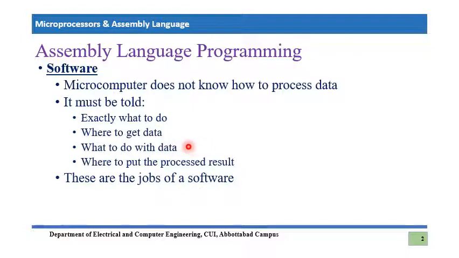For example, maybe it tells you to apply an addition operation, maybe a subtraction operation, or another logical operation. And furthermore, very importantly, once data is processed, where to put that result is also the job of software. So software is a terminology which combinedly performs these different jobs.